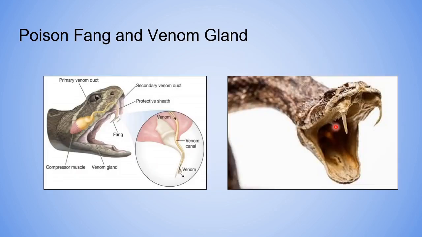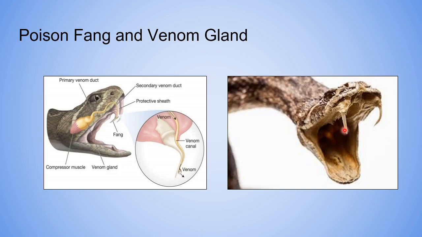Coming to a short description of the poison fang and the venom gland. This is the poison gland, and this is the poison fang, which is the tooth. The duct from the venom gland ends in this particular tooth-like structure, which is called a poison fang.